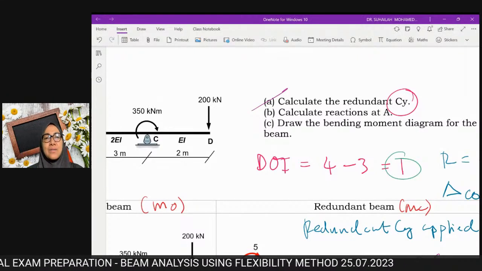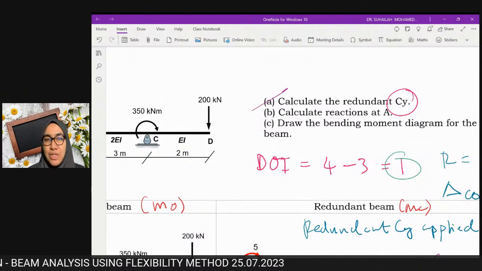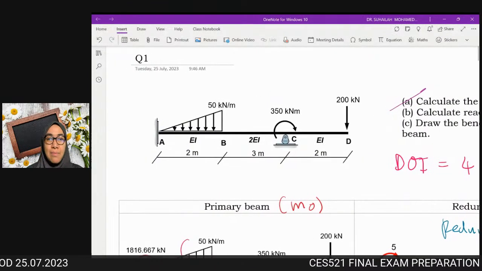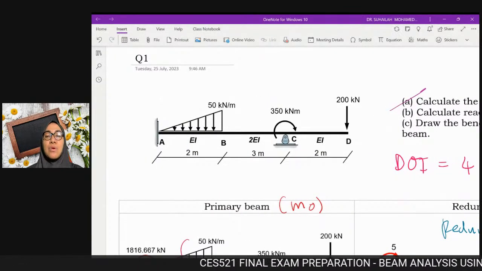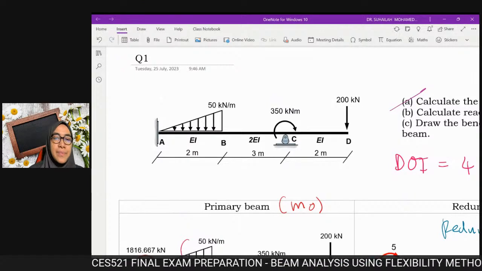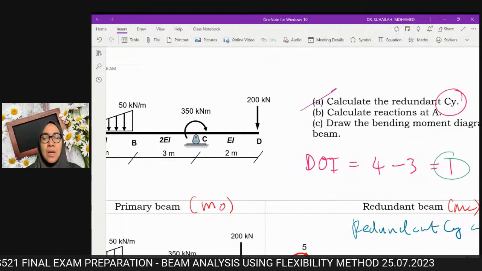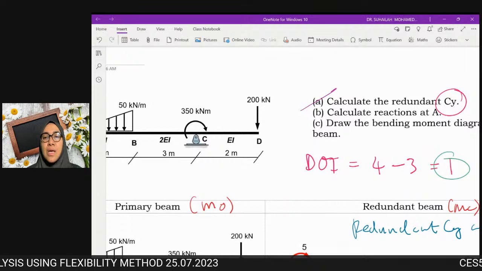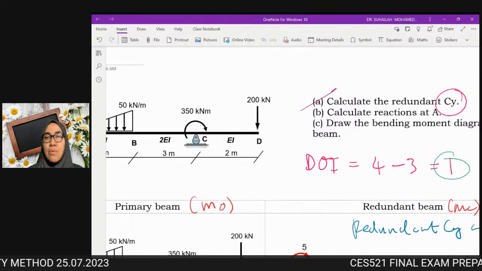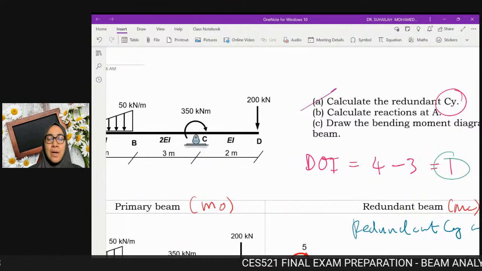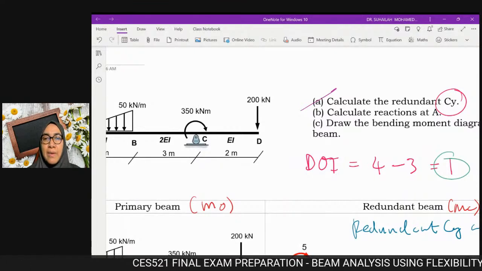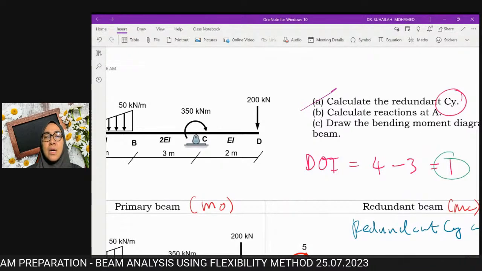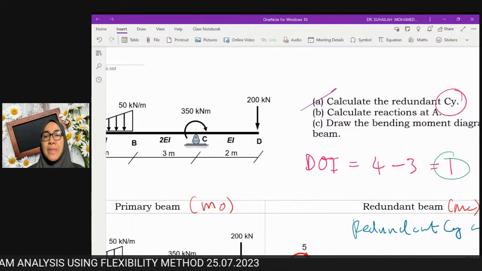Okay, so that's all for the first session on this beam question. We will continue with the second question. How are we going to calculate the reaction at A after we have determined CY, the redundant? Because we can solve the remaining reactions after we solve the redundant, we normally can continue using the equilibrium equation.